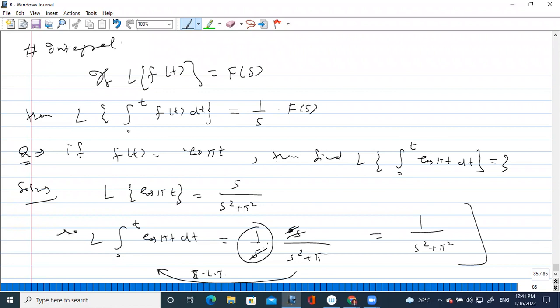You have to create 1 by s, then you can convert in this. So note it down. Done? Done, sir.